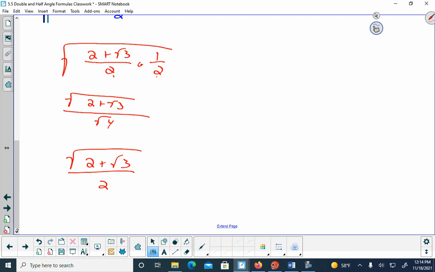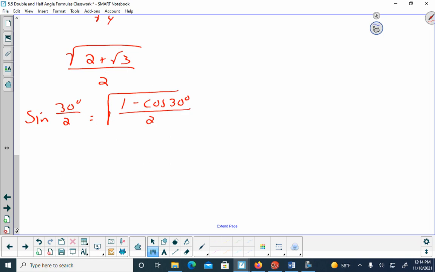Not bad. So now when I do the sine of 30 degrees over 2, that's going to be a minus sign. So I'm going to do the square root of 1 minus the cosine of 30 degrees over 2. So when I do that, I'm going to have 1 minus the square root of 3 over 2, all over 2.